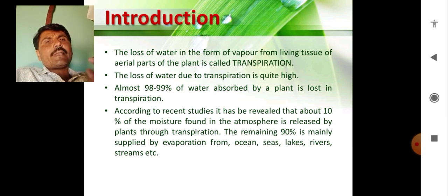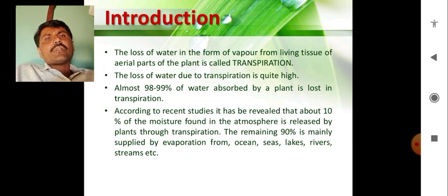So this was the theme we have learned till now: the transpiration pull theory, that is, the ascent of sap. What is sap?